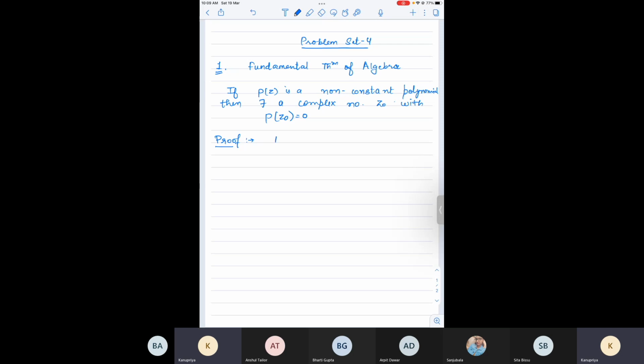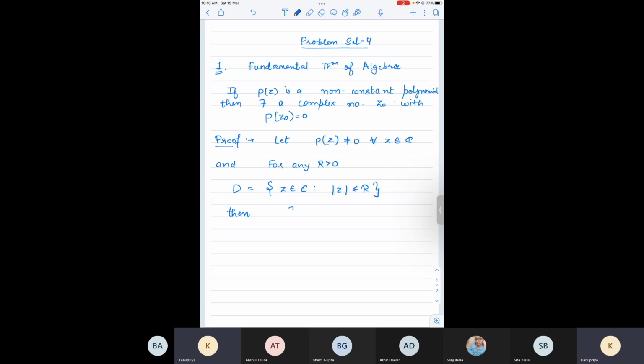For that, let us assume that P is any non-constant polynomial and P of z is non-zero for all complex numbers. We will prove this theorem via contradiction. If I take any arbitrary R positive and make the disk of radius R, then from the minimum modulus principle, this polynomial will attain its minima at the boundary.